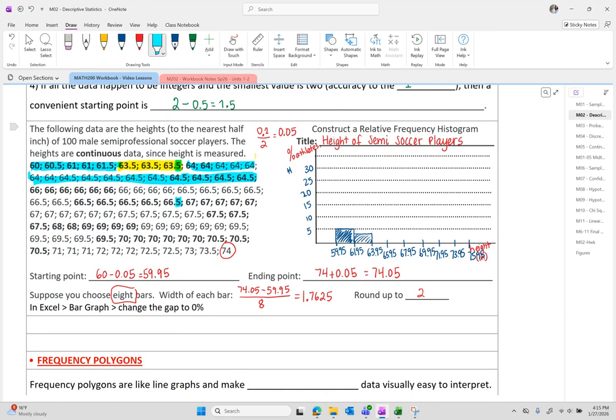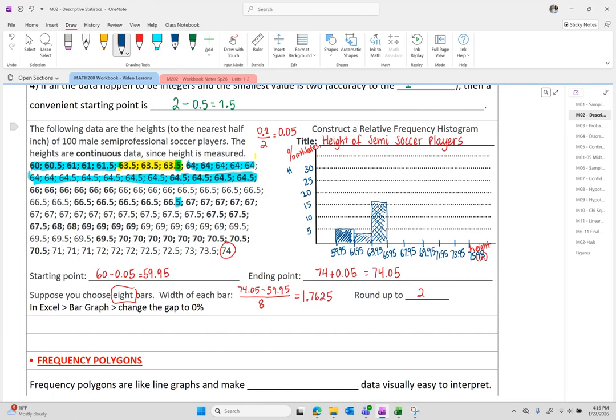And these are 16 of them, if I count them. So then my rectangle would go up to 16. So try to pause the video and see if you can complete this. This is still incorrect. It has the number of athletes.